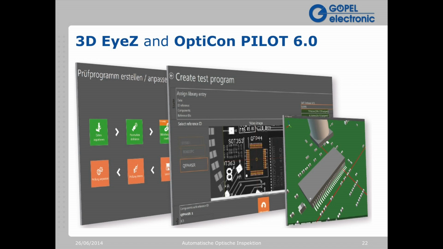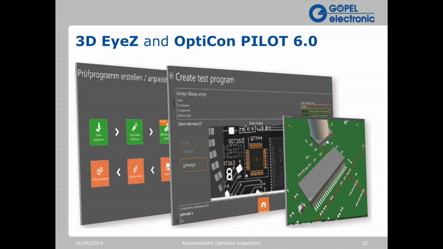But anyways, you can see here several slices of the Opticon Pilot 6.0. On the left is our Smart Guide system, which is really an easy start system. This user interface allows even an experienced user to easily produce a test program on this system.